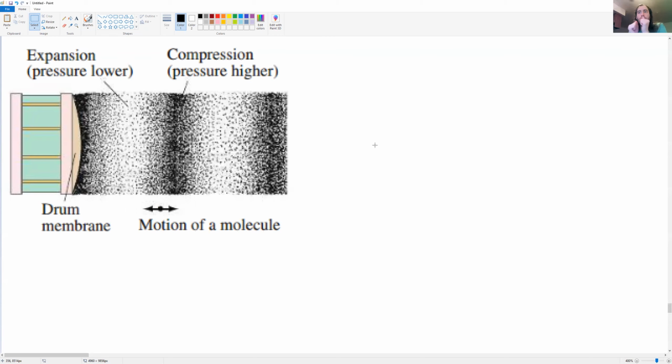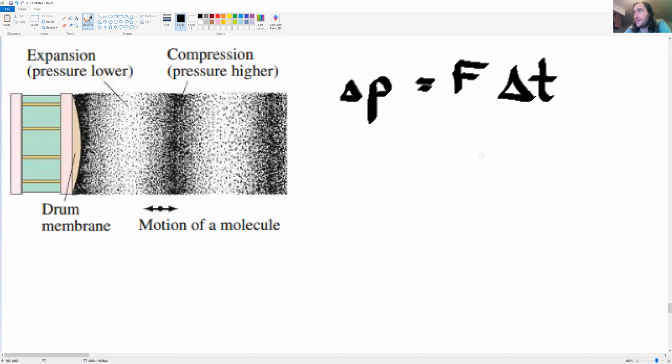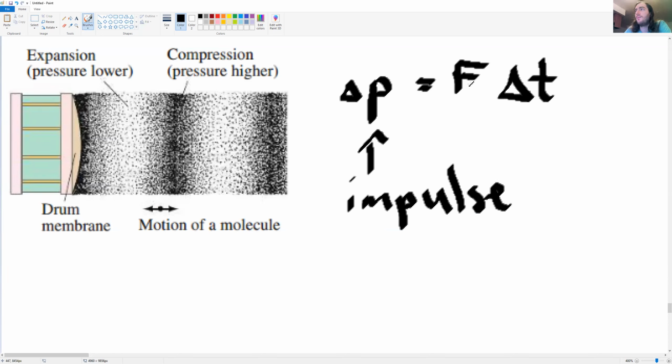And when all those air molecules are colliding with each other in that region, more collisions means more impulse, right? You guys remember impulse, right? Impulse is change in momentum, force times change in time. So if we have a lot of impulse in this system, then there must be a lot of force as well, a lot of different forces changing the momentum of all of those gas molecules.